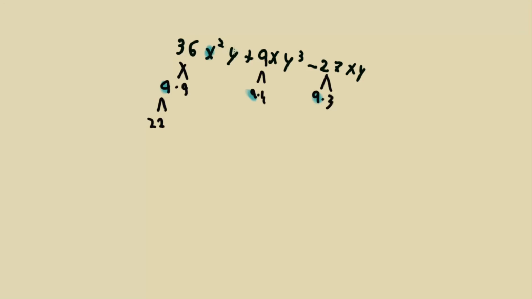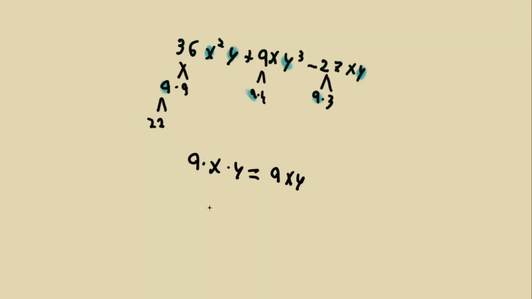So we have 9 times 1 x, because the lowest one here is just 1, and 1 y, as you can see. So what we get here is just 9xy. Our greatest common factor is equal to 9xy.